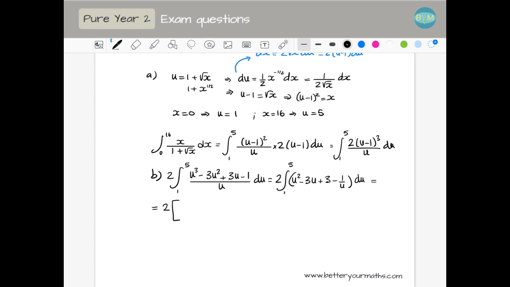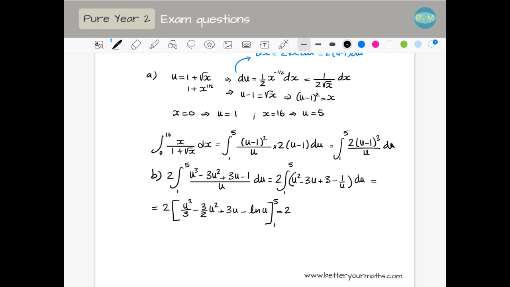So I have 2 u squared, the integral of u squared is u cubed divided by 3, integral of u is u squared divided by 2, so minus 3 halves u squared, plus 3u, and the integral of 1 over u is ln u, and this goes between 1 and 5.